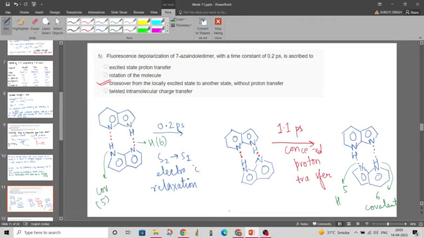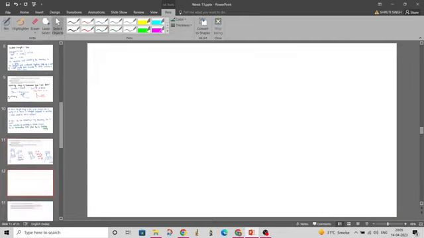So let me write a bit here about this thing happening. When we excite the molecule, there are two singlet states, one LA and one LB.